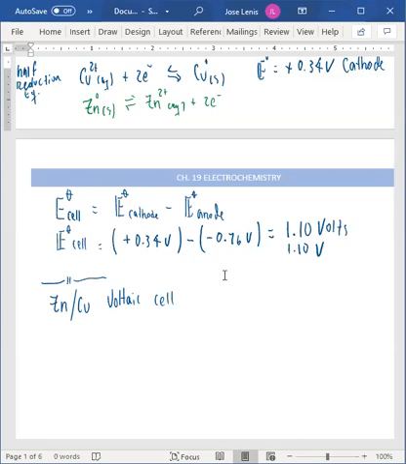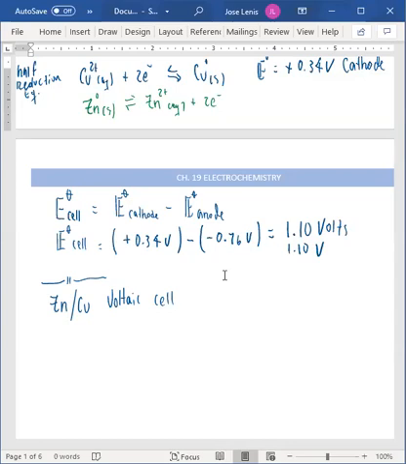For the electrolytic cells, the opposite occurs. We use electricity to drive a non-spontaneous redox reaction.